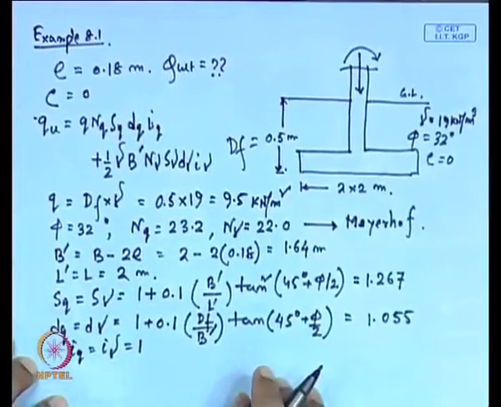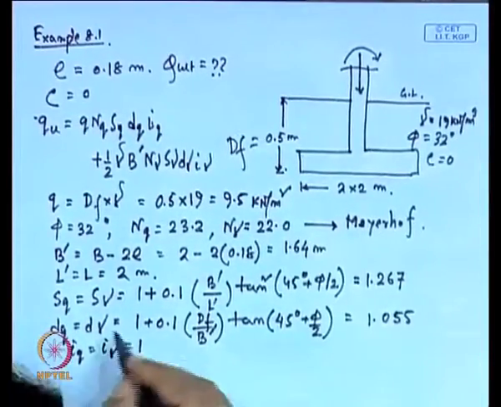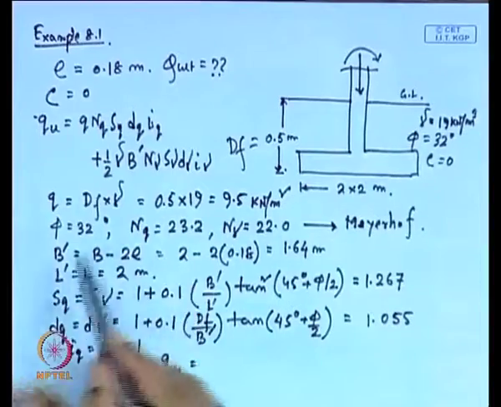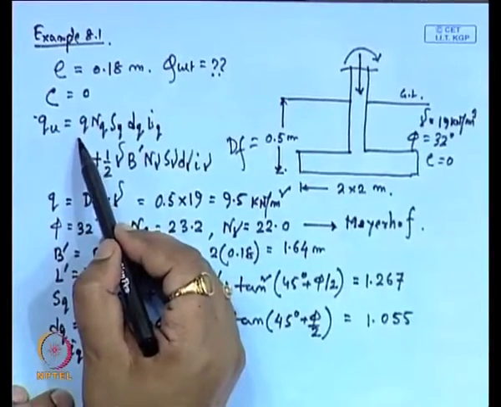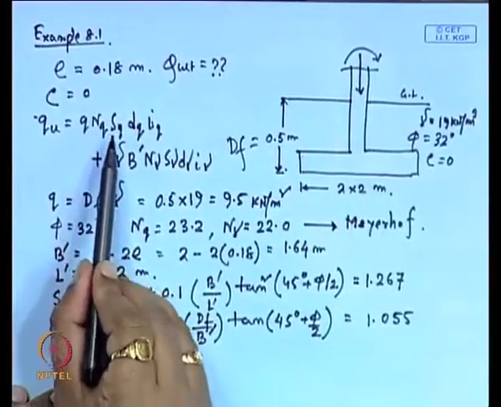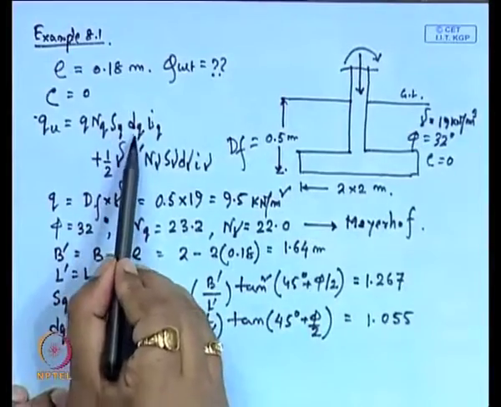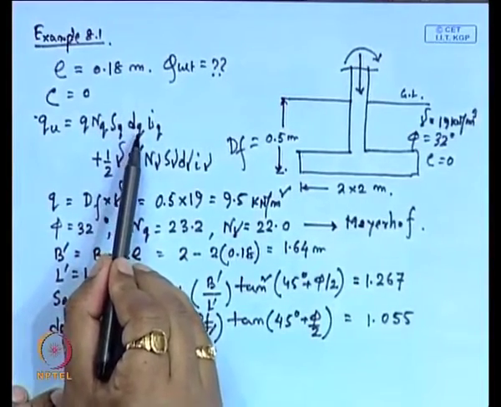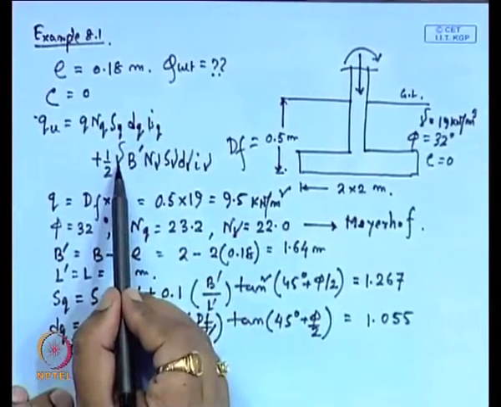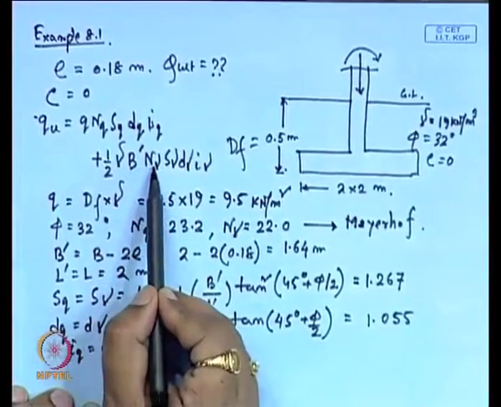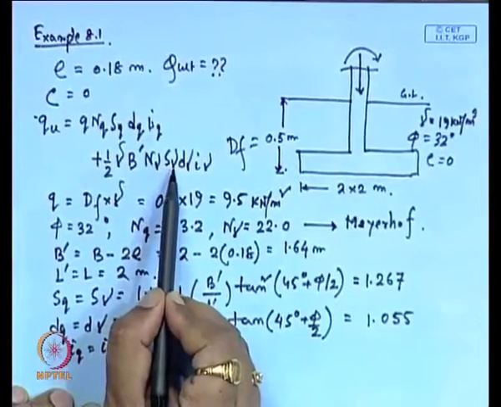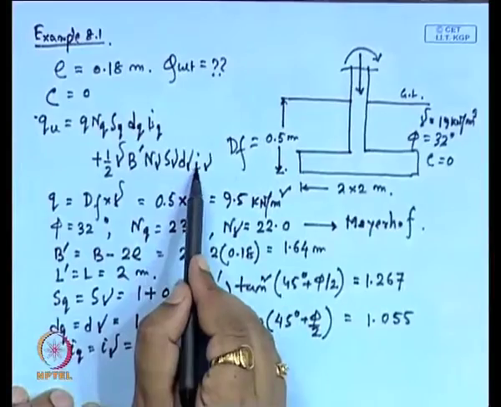Once you get these things, then by using the q u expression, we just put all the values. In this expression q is 9.5 kilonewton per meter square, N q is 23.2, S q is 1.267, d q is 1.055, then I q is 1, then gamma is 19, B dash 1.64, N gamma is 22, S gamma is 1.267, d gamma is 1.055, I gamma is 1.